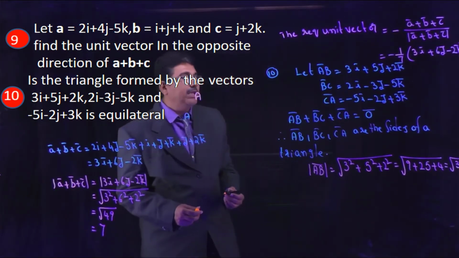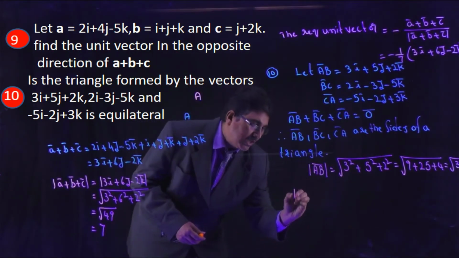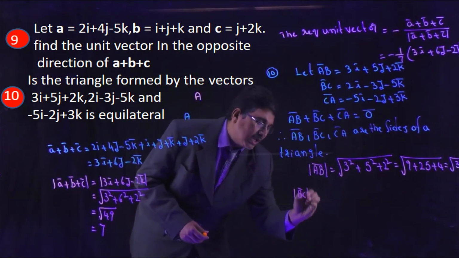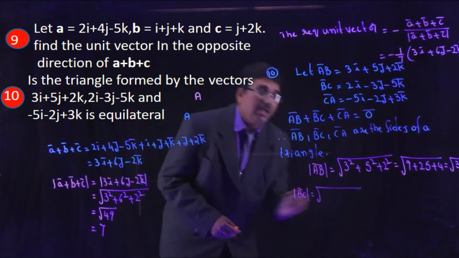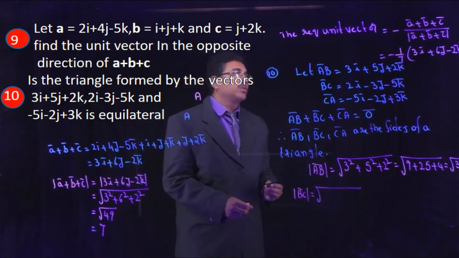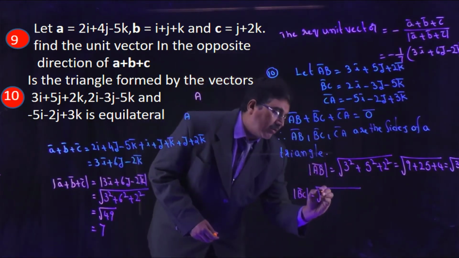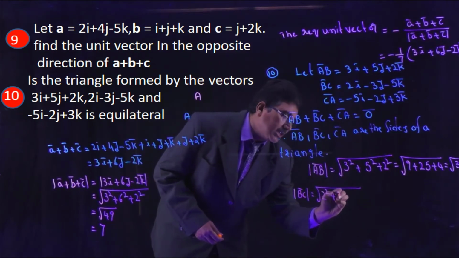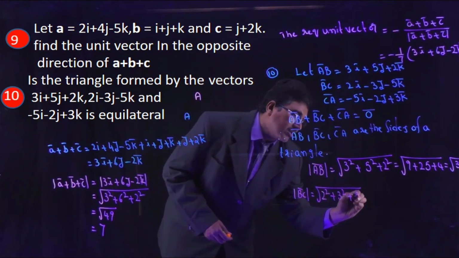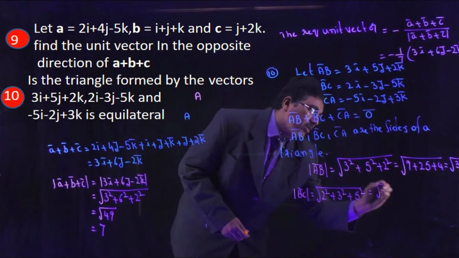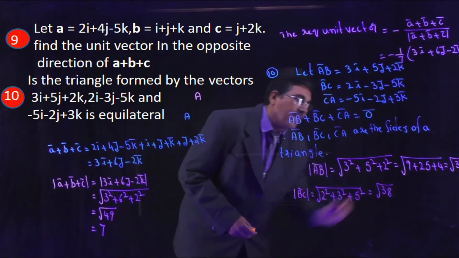Now mod BC bar is equal to square root of 2 square plus 3 square plus 5 square, that is also equal to root 38.